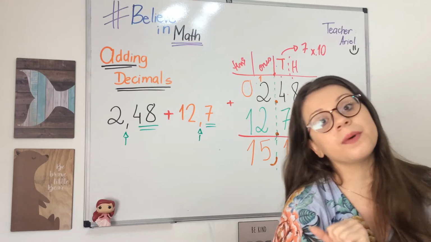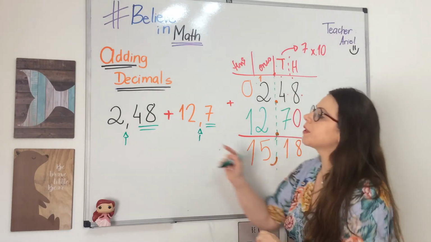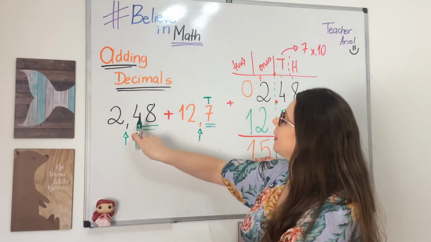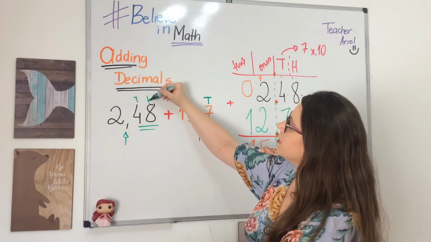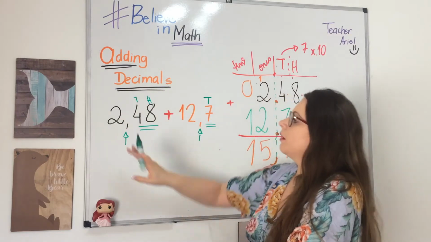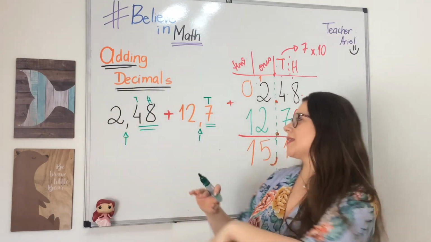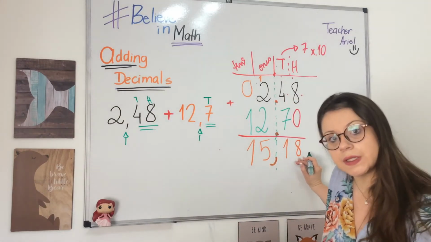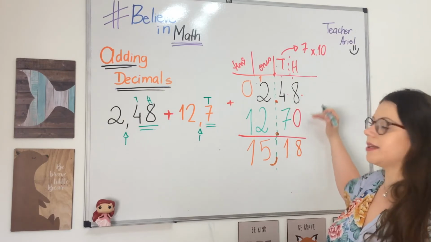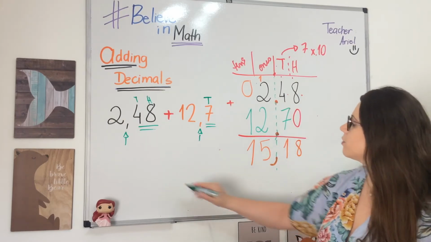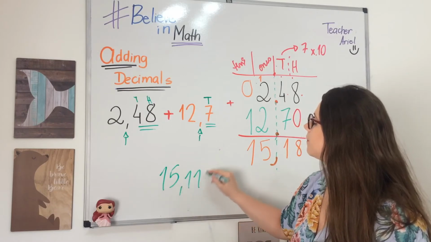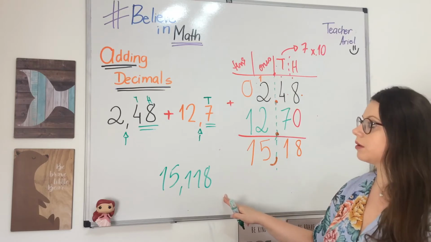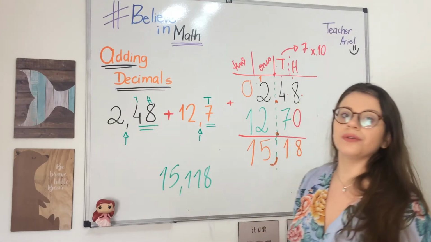Something very, very, very important that we always need to pay attention. My number, here I have a tenth, and here I have tenth and hundredth. The further that this number goes is on the hundredths. So my answer is going to have hundredths. There is no way that in an addition I find, for example, this. I am not gonna find 3 numbers on the decimals if I had 2 over here.